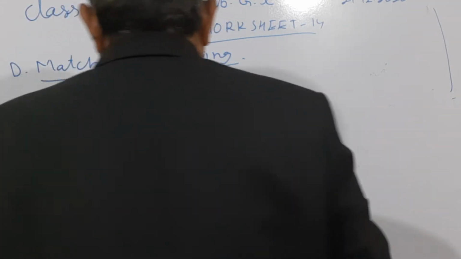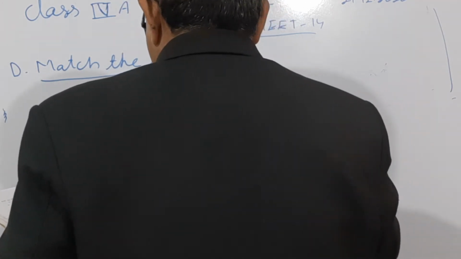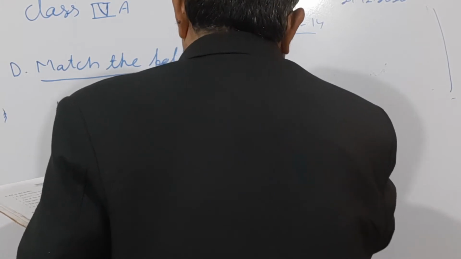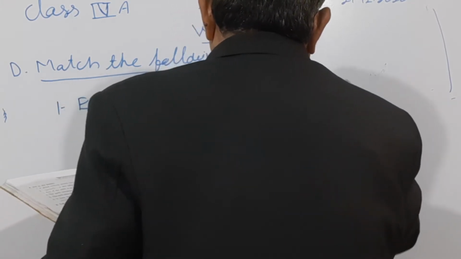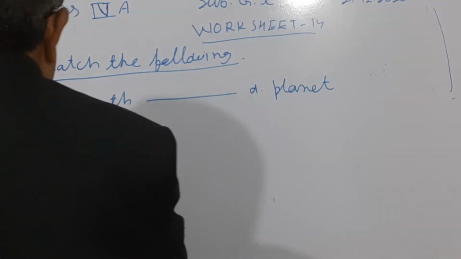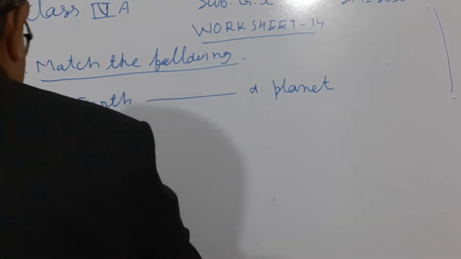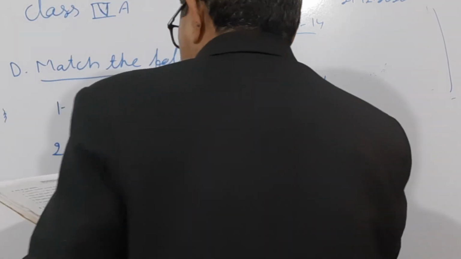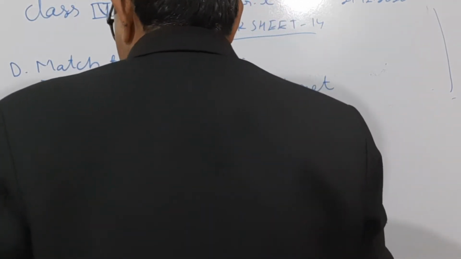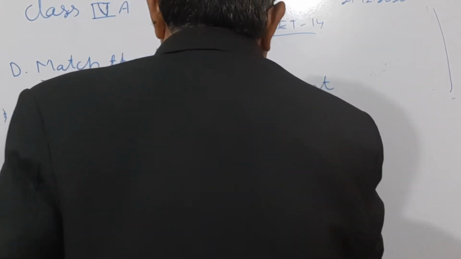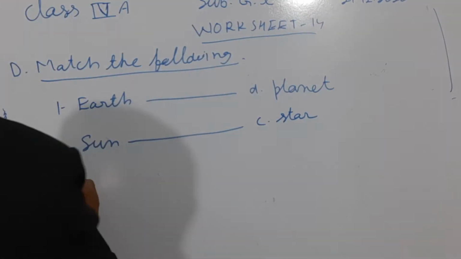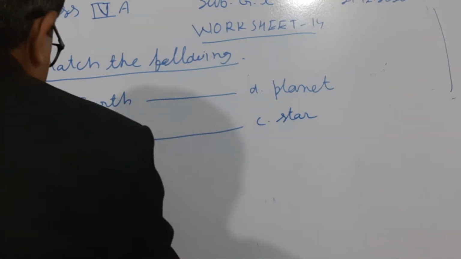Earth, that is planet, D. And second, Sun, in front of Sun you have to write C. This is star, and third moon.